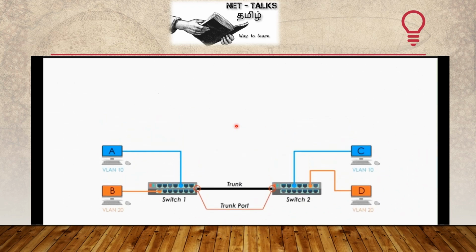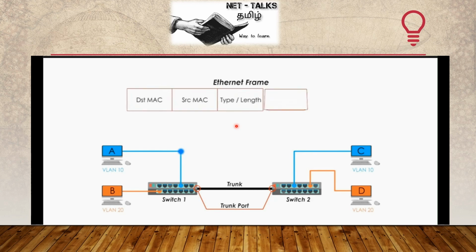Now let's see PC A wants to communicate to PC B. When the traffic comes from A, it is a plain Ethernet frame. In that Ethernet frame, we cannot find any VLAN ID. It will not have any information about the VLAN. Which VLAN this traffic should be sent to, that information will not be there.